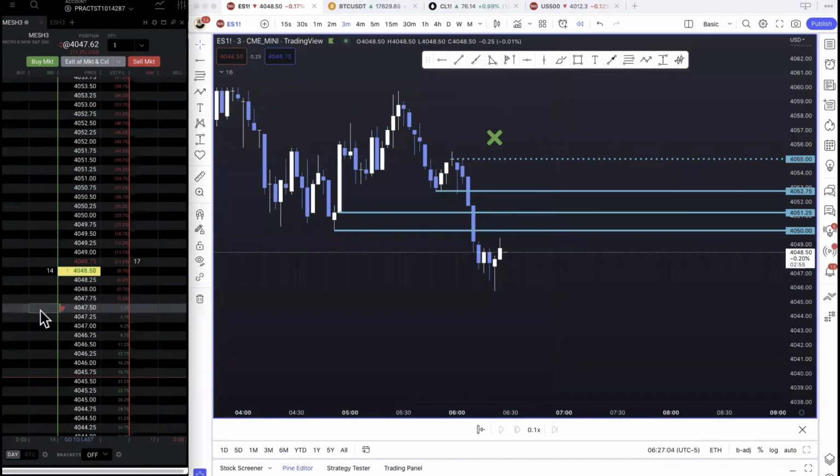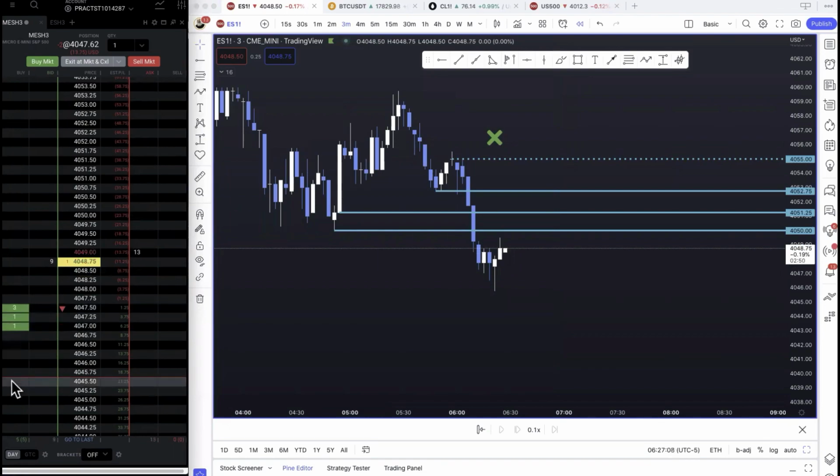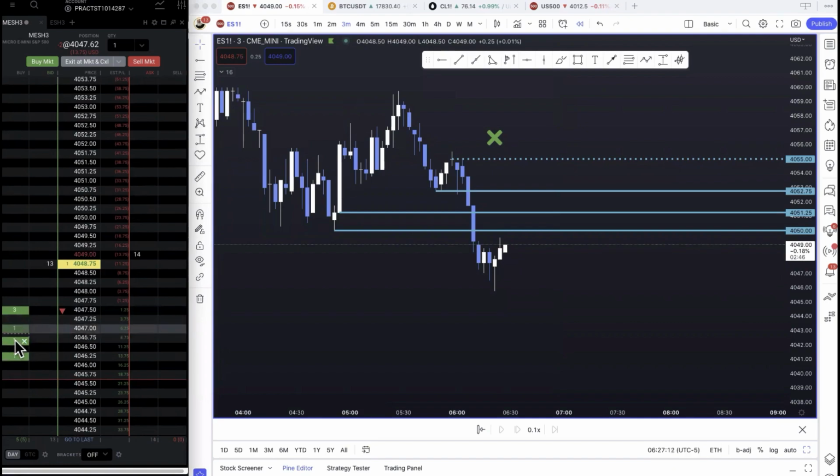Or I could say, hey, let me park 3 here and then I'll do 1 and 1. And I'll slide these down as it gets into profit. And then I might say, okay, let's keep 1 here. Let's do those 2 there. I'm always making sure that the number of contracts I have right here equals the number of contracts I'm actually in. Does that make sense?